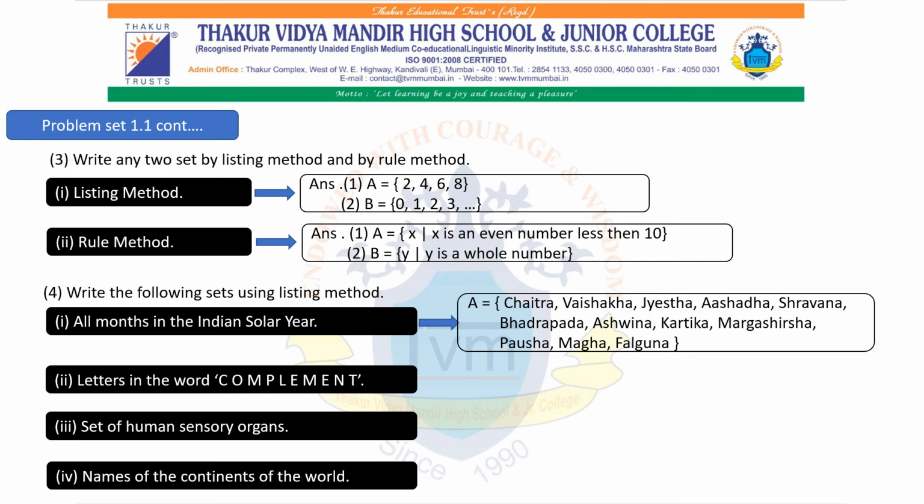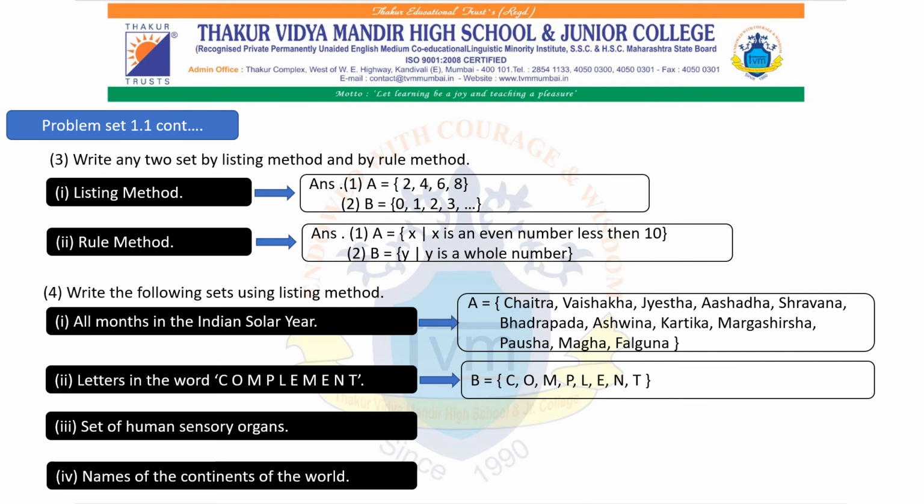So, by listing these elements, we will see to it that those two letters E and M will be written only once. So it can be written as B is a set of C, O, M, P, L, E, N, T. The alphabets which are repeated are written only once.